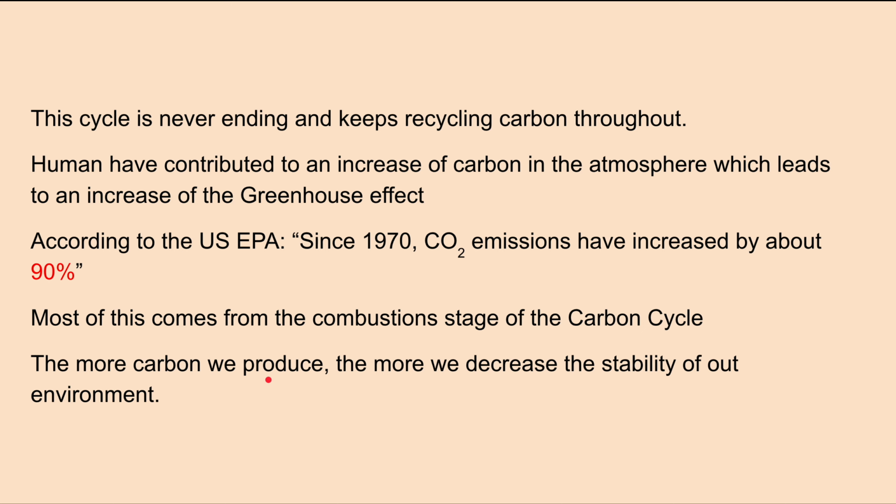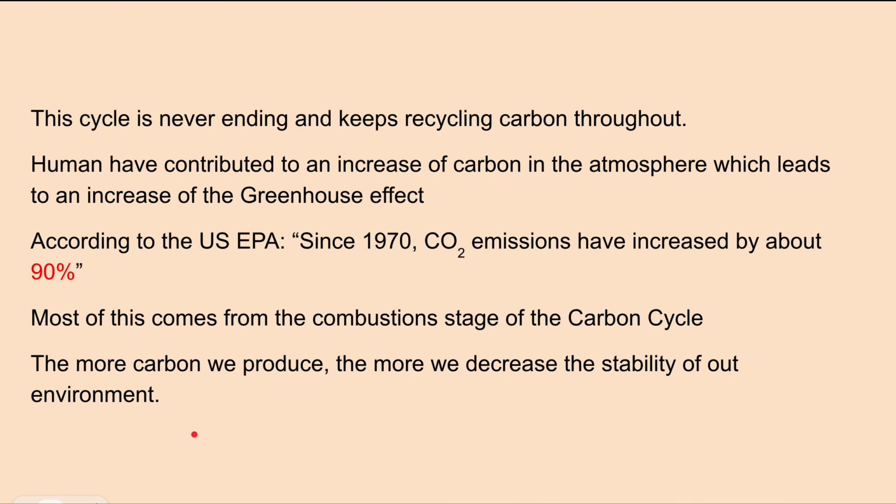We've been contributing to the greenhouse effect, making resources limited and making biodiversity less. Most of this comes from, like before, the combustion stage of the carbon cycle, with our factories, with our inventions and stuff like that.